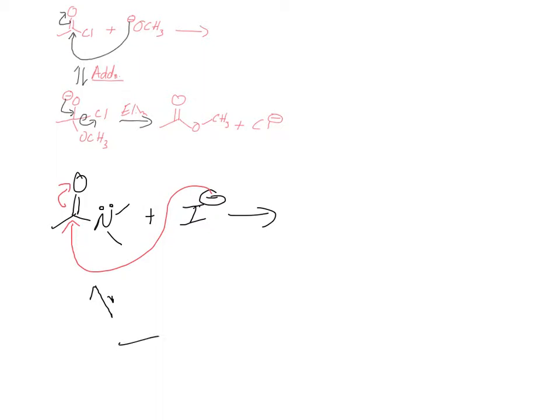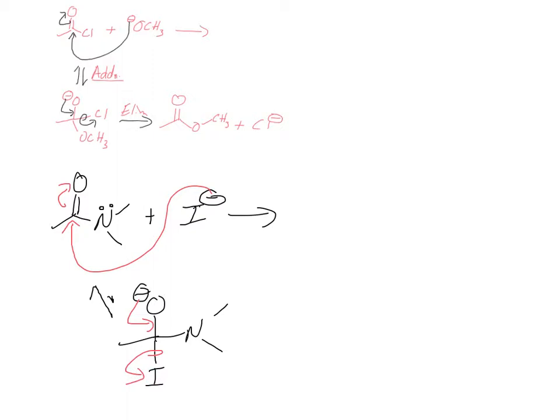We get some of this, right? We say we get some of this. But the best leaving group here actually is the I minus. So you actually just go back to what you started with.